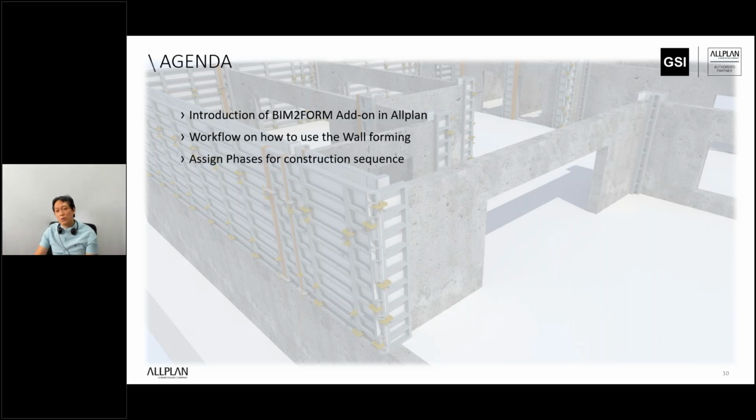We can also assign phases for construction sequence. This will be more on construction site information, for your sequencing on how to construct your structures, and I will show it to you in the live demo. Then we can also generate the report of the formwork that you're going to use for your planning.